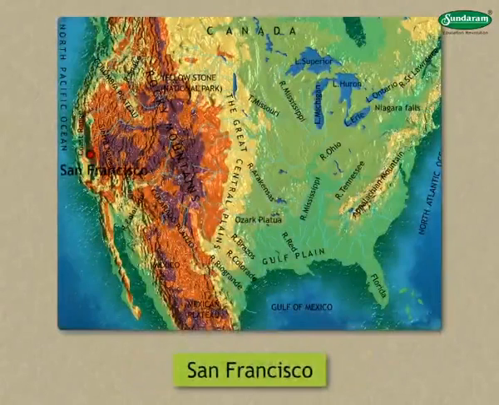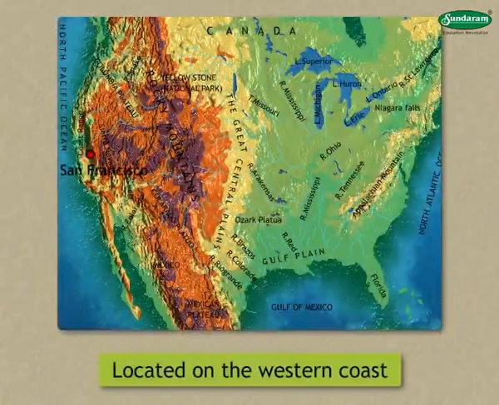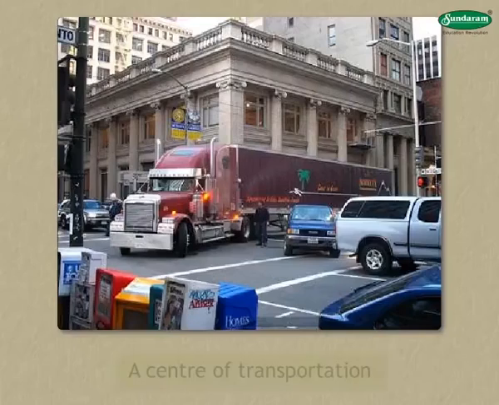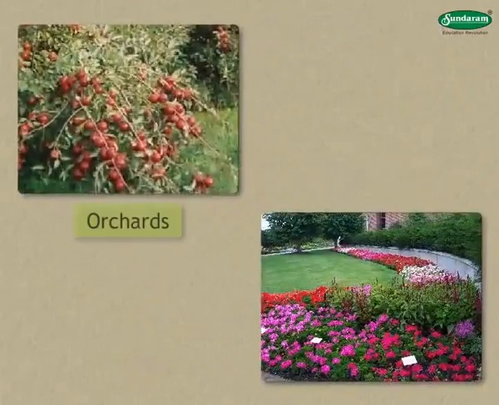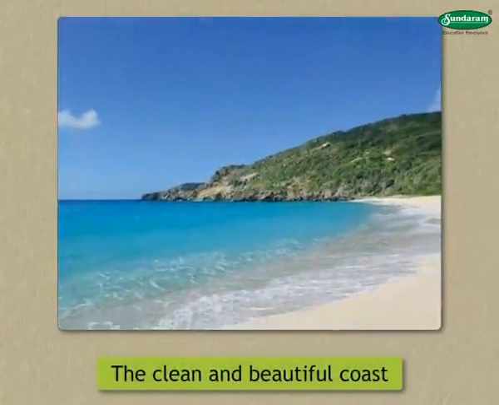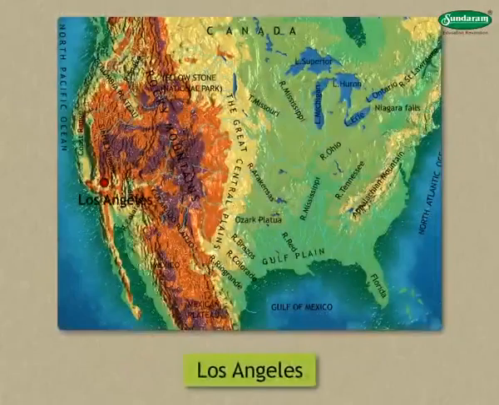San Francisco. This city is located on the western coast and is a major industrial center. It is also a center of transportation. It is known for its orchids and floriculture. The clean and beautiful coast of this city is quite famous. Los Angeles. This is a large port.